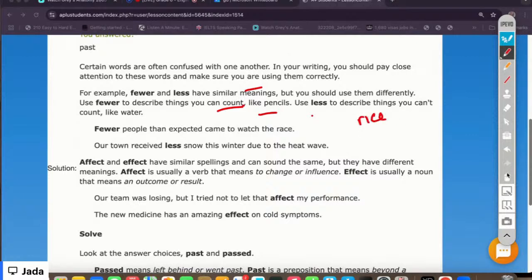We cannot count rice, so stuff like that. So fewer people than expected came to watch the race. So people that you could count. Our town received less snow this winter due to the heat wave. All right, so less you cannot count. So this is a very typical example, fewer and less.